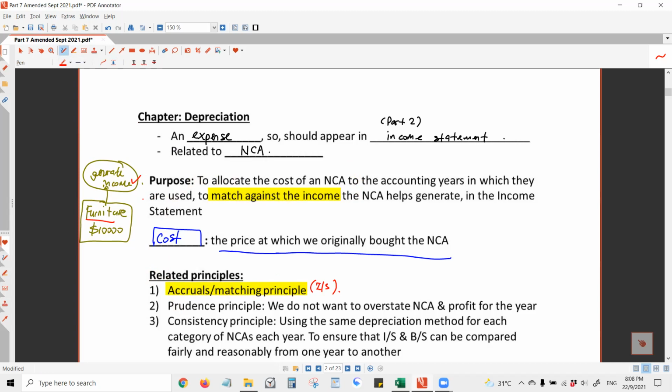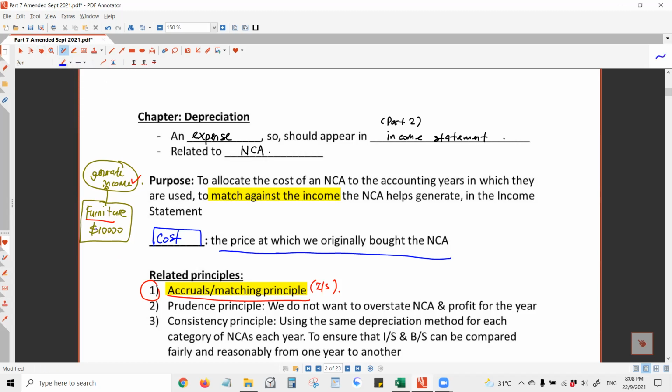Logical, right? The reason this topic exists is due to this matching principle. So since the NCA helps us generate income, we must find the associated expense for this furniture, and let's see how to find it.